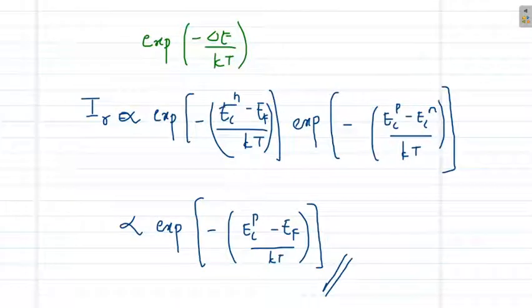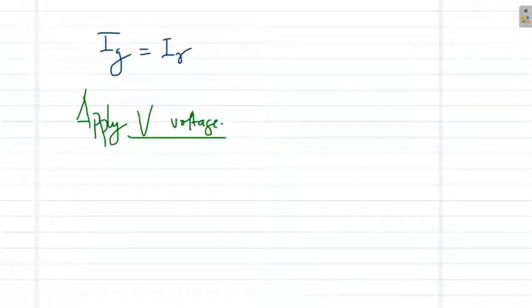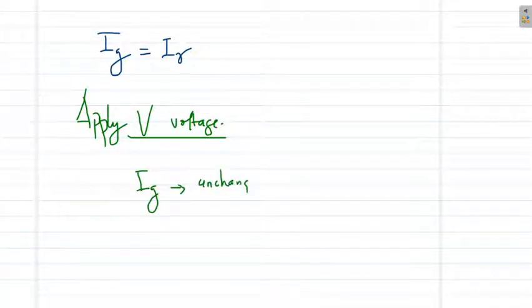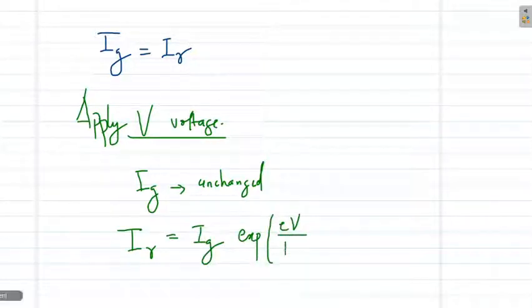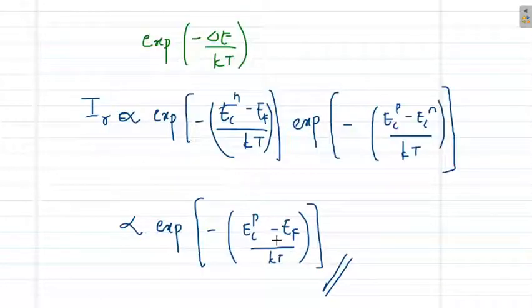If the size of that barrier is reduced by EV, then Ig will be unchanged, but IR will change to Ig into exponential EV by kT. You can simply prove it by substituting another factor of minus EV here.